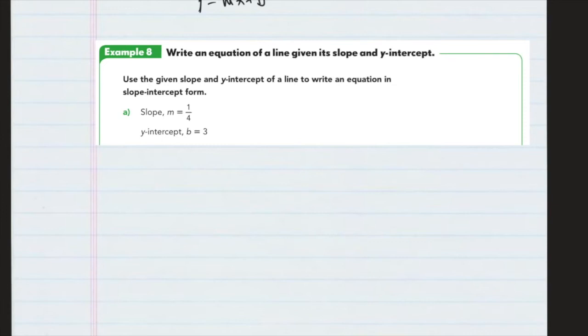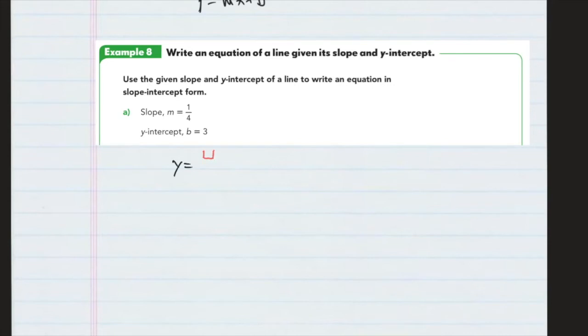For our next example, we're asked to write the equation of a line in slope-intercept form, given its slope and given the y-intercept. So we're given the fact that m is 1/4 and b is 3. And just a reminder, I know I already wrote this up here, but y equals, and I'm going to write it a little bit differently.